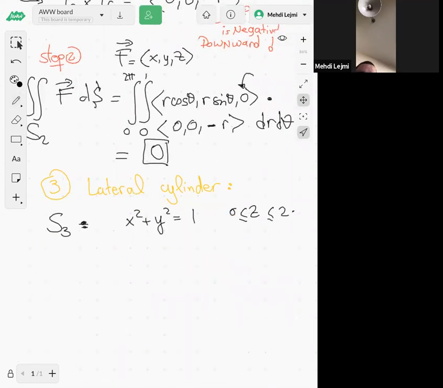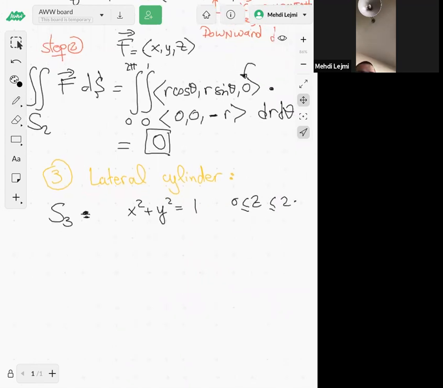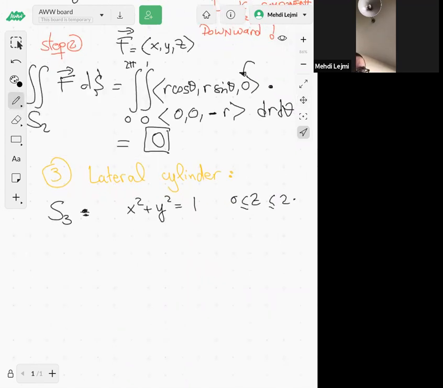Now, how do we parameterize the cylinder? I'm going to use phi of u and v. So x squared plus y squared must be equal to 1.